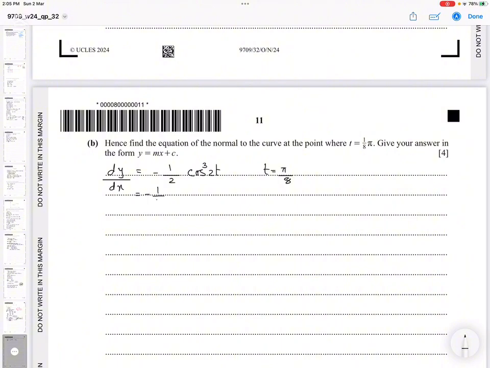So minus 1 over 2 cos of 2t whole cube, and this gives me minus 1 over 2 cos of 2 times pi by 8 whole cube. This gives me minus 1 over 2 cos pi by 4 whole cube.